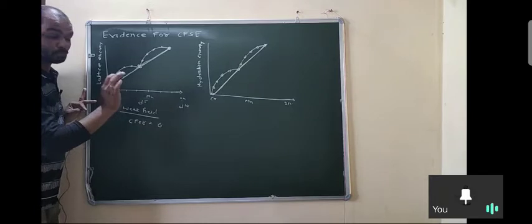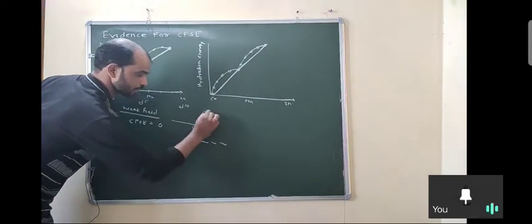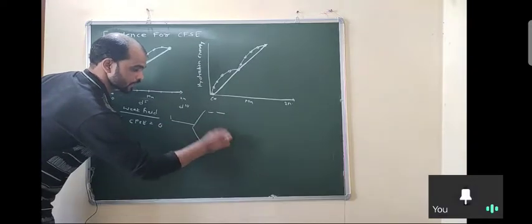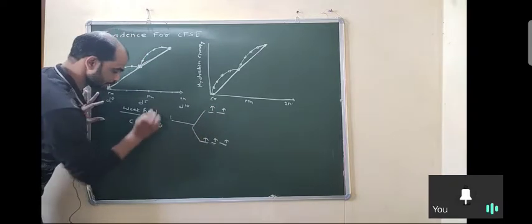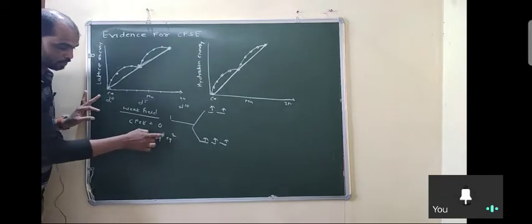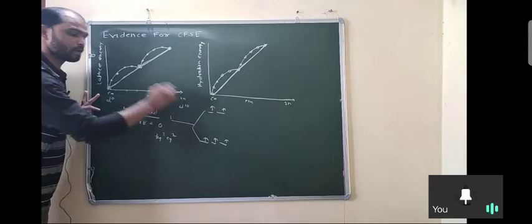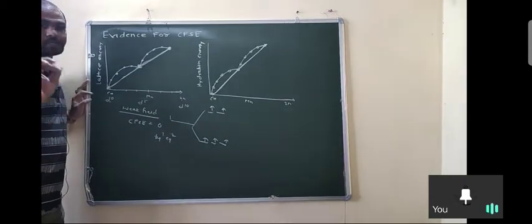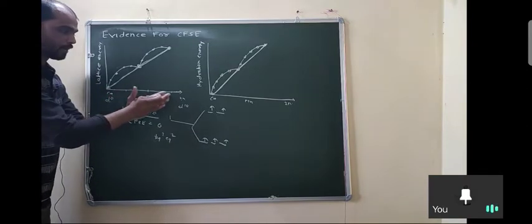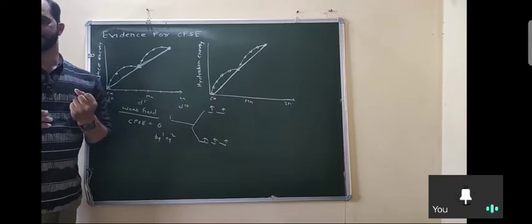For d5 in a weak field, you know the splitting: five electrons, 1, 2, 3, 4, 5, means d5 has t2g3 eg2 electronic configuration. So minus 12 Dq plus 12 Dq, the CFSE is 0. Same thing for the d10 system also. So d0, d5 and d10 in a weak field have 0 CFSE.